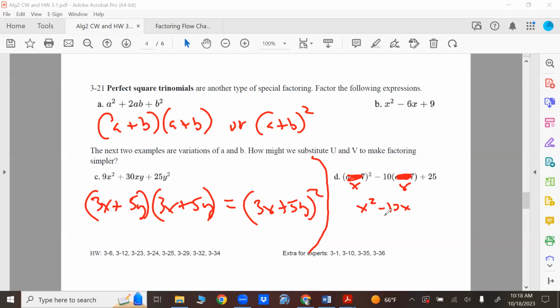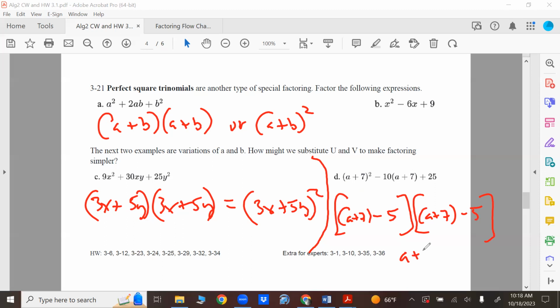So what you do is you do the same exact thing. I'm going to do these brackets here. You do the same exact thing. A plus 7, A plus 7, minus 5, minus 5. Or it becomes A plus 2 times A plus 2, or A plus 2 squared.